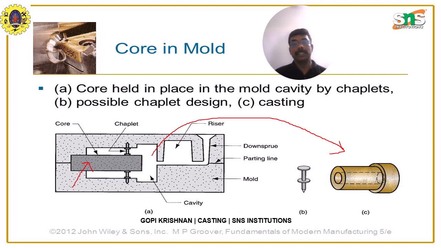So what happens here is that we need to create the central hole by placing the core inside the mold cavity. And the material is poured inside the cavity, and due to the presence of the core, the material cannot fill this place. So after the solidification and removal of the final casting, we obtain the material with the central hole as seen in the picture.